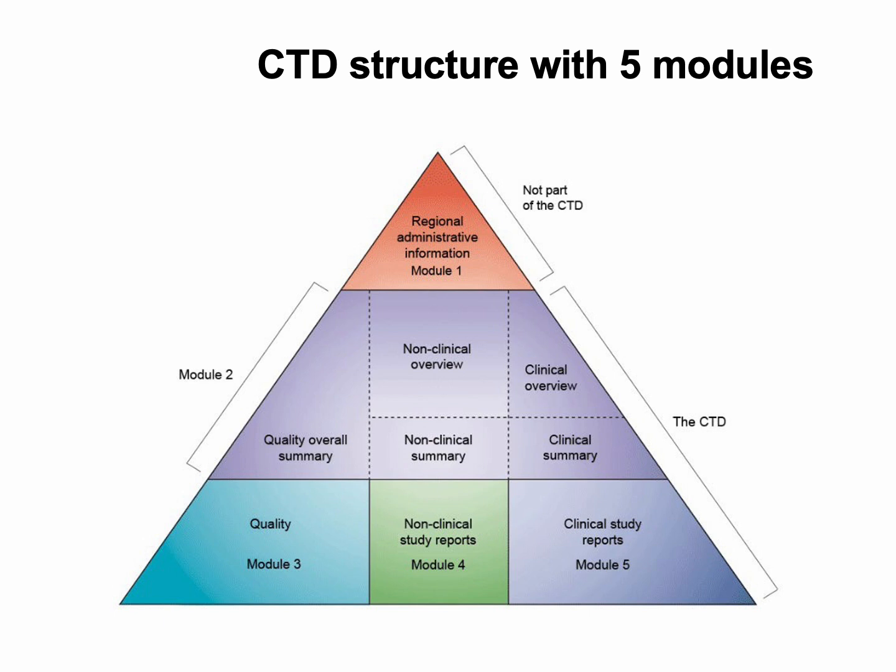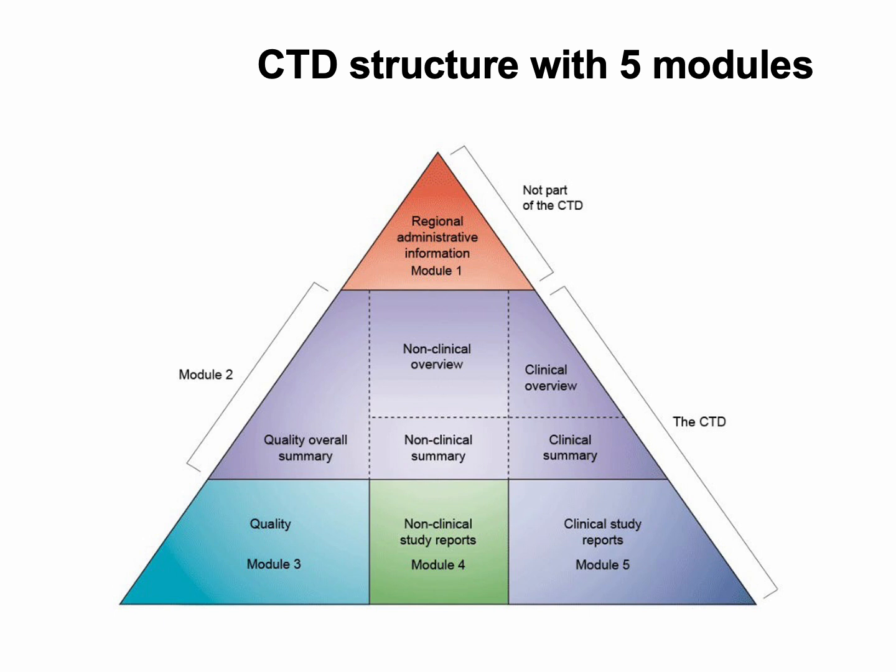Now we went over module 1 and module 2. We know now that module 1 is administrative, and the content and the structure will depend on each country. That's why we say that it is not part of the CTD. Anything else is the CTD, so we have module 2. We can also see here in this pyramid that we have module 3, where we are going to add within different sub-modules of module 3, so module 3.1, 3.2, 3.3, or module 3, sub-module 1, sub-module 2, etc., information related to the quality of our product.